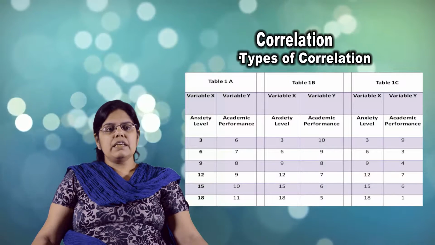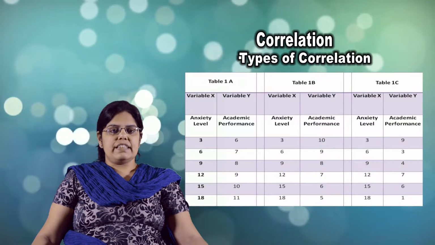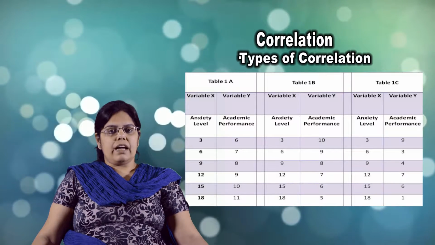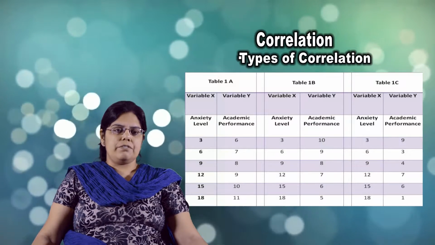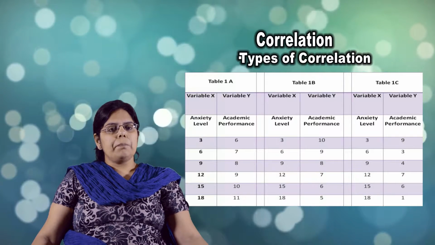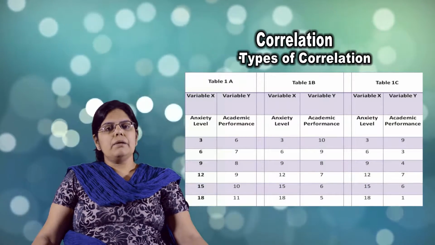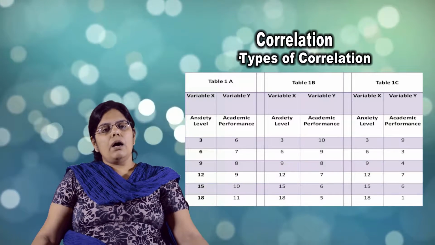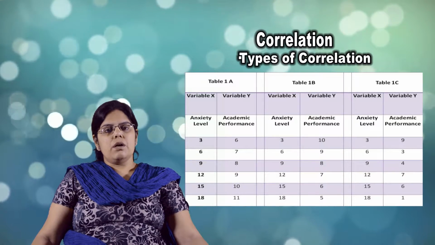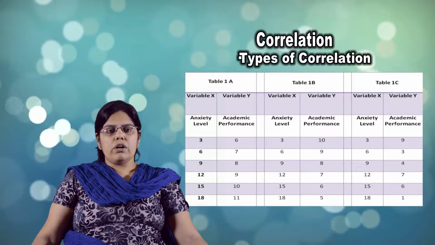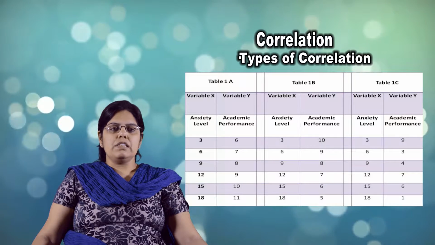In other words, increase in the level of anxiety is associated with increase in the level of academic performance and vice versa. The pairs in positive correlation vary together in a linear positive manner. A positive correlation exists when two variables simultaneously increase or decrease as depicted in table 1a.